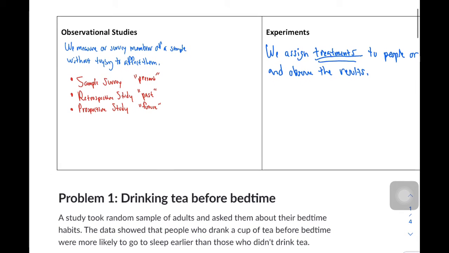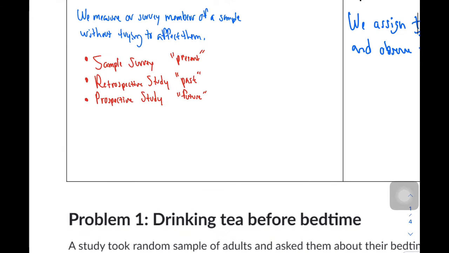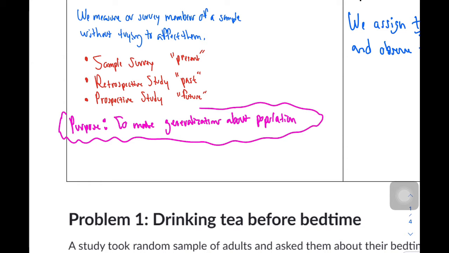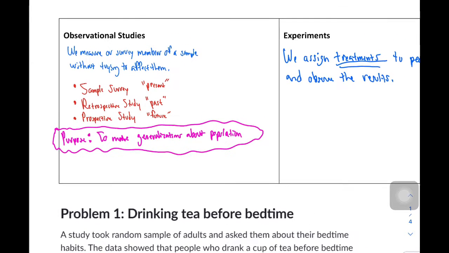In an observational study, the purpose is to make generalizations about a population. All right, this is key. In an observational study, the only thing you can do is make a generalization about a population.